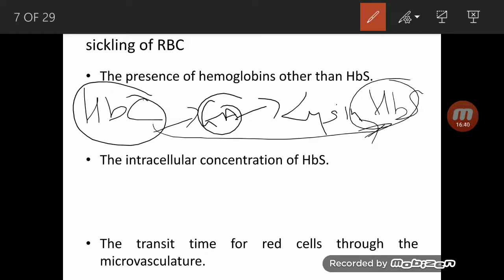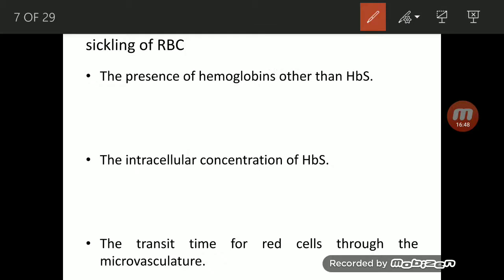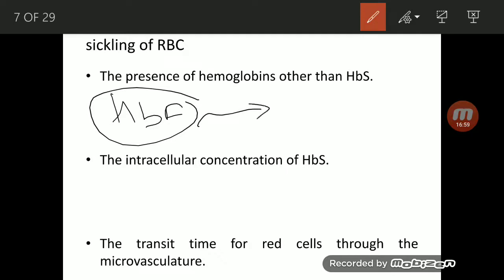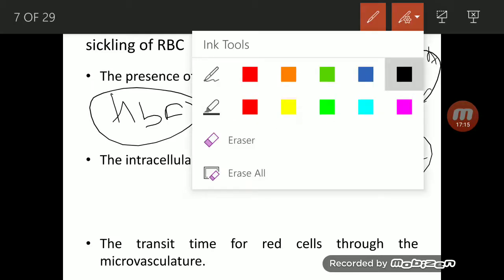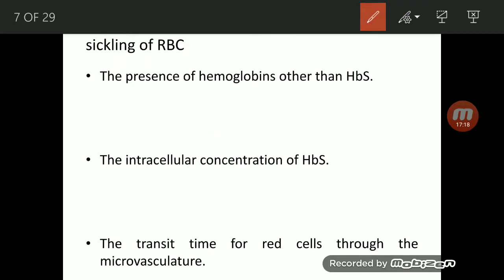So if there is a higher quantity of HbC present in your RBC, sickling will be more rapid. And HbF reacts very little with HbS. So if there is a high amount of HbA or HbF, your sickling will be less. But HbC increases your chances of having more sickling.